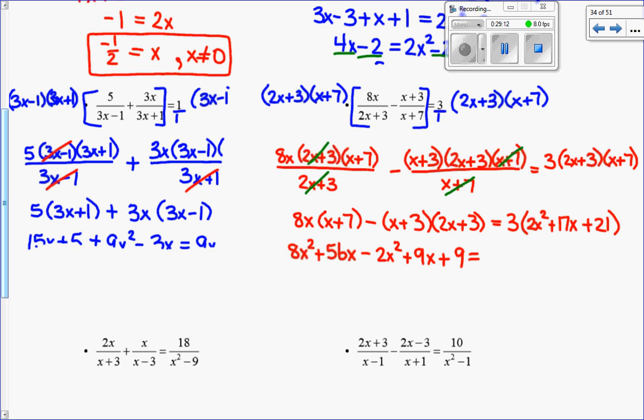And that's going to equal, now I have to multiply 3 by each term in this trinomial here. So 3 times 2x is 6x squared plus 3 times 17 is 51x. 3 times 21 is 63.